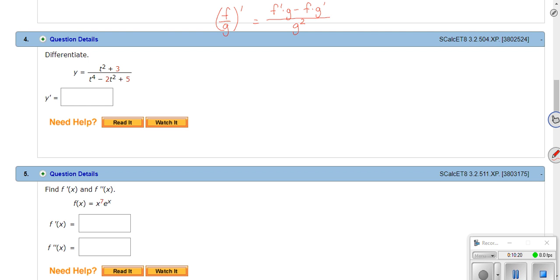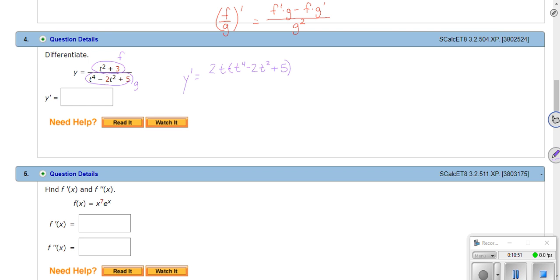So again, in my formula, this is my F, this is my G, right? So y prime is going to equal F prime times G. So the derivative of F is just 2t times G. Let me just go ahead and write out the whole thing, leave it in parentheses for now.